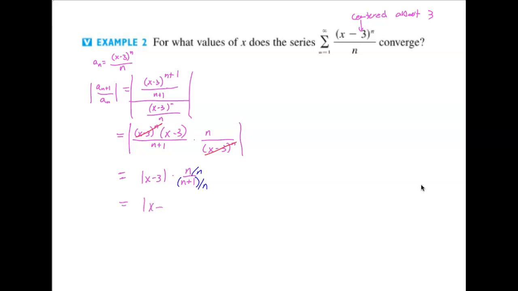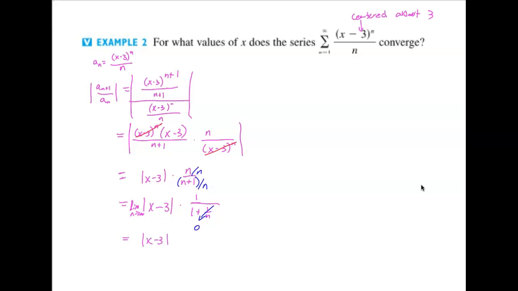Now I have x minus 3 times 1 over 1 plus 1 over n. So now, if we look at the limit as n goes to infinity, the 1 over n is going to go to 0, and I'm just left with absolute value of x minus 3, right?